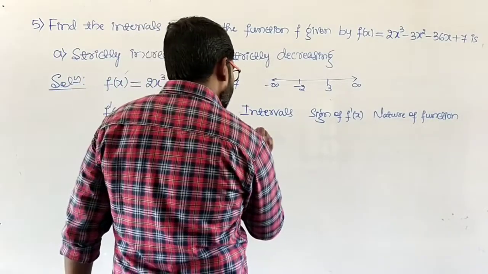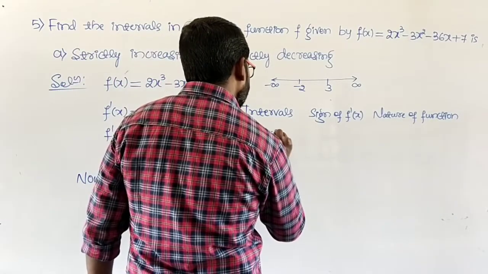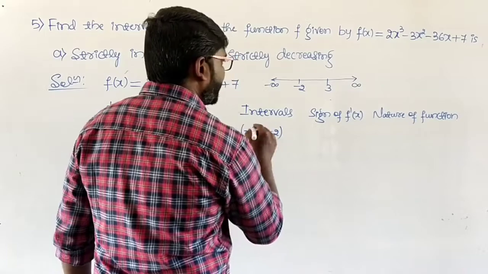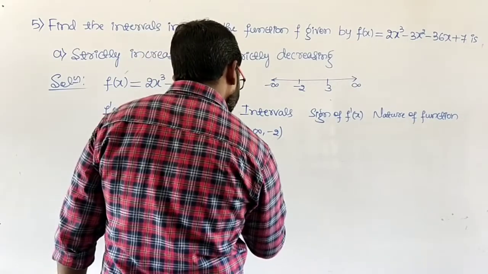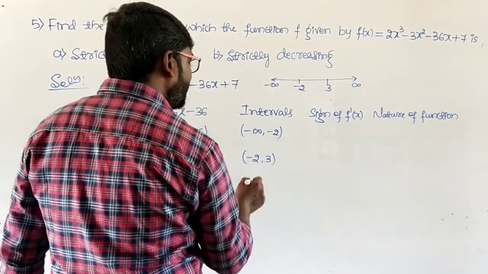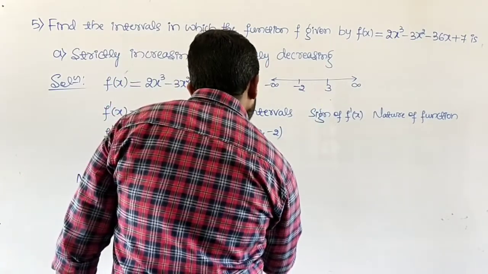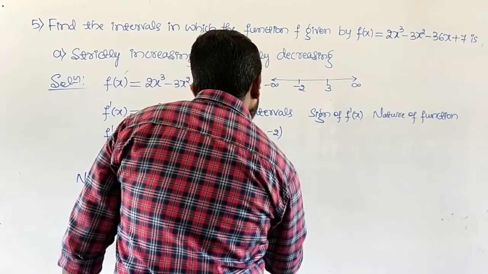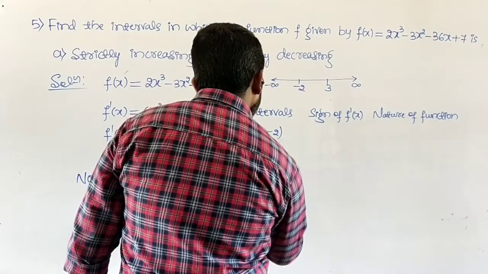I will take minus infinity comma minus 2, then minus 2 comma 3, and then 3 comma plus infinity.